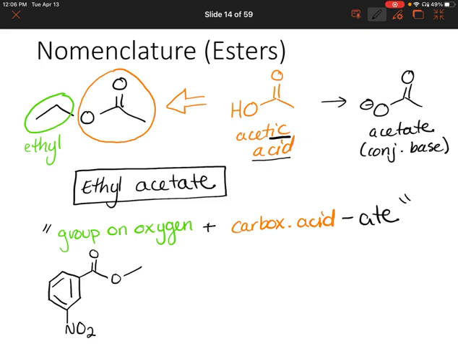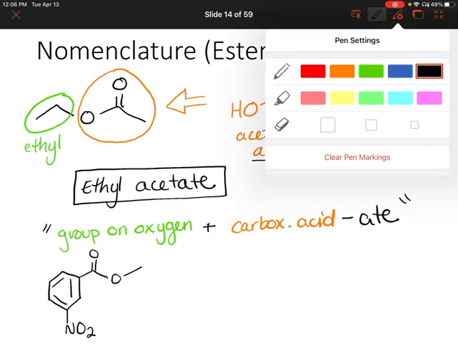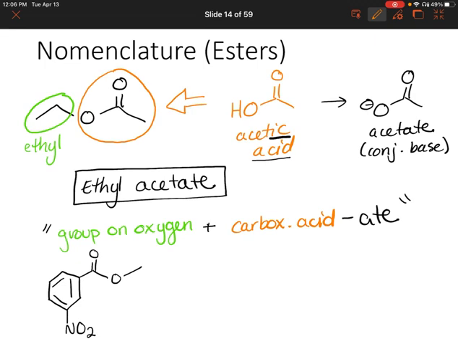Again, we want to try to find the component of our product that was originally a carboxylic acid. On this molecule, it looks like we originally had an H next to this oxygen here. That would have been a carboxylic acid, and we're going to include everything that's attached to that group.